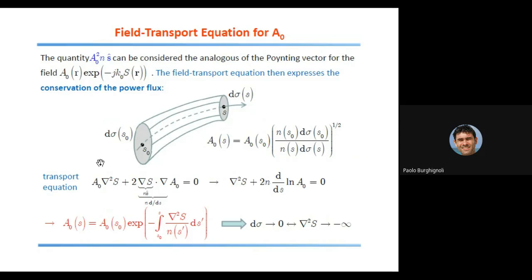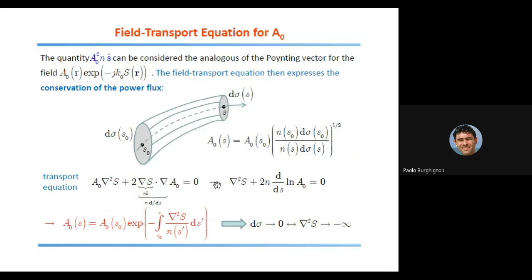Okay. Now we will write the transport equation again in a still different manner. Again, the gradient of the Iconal is equal to n times s hat, and in this way you will see that this second addend can be written as the product of the refractive index times the derivative with respect to s of a0. If you divide the transport equation by a0, the first addend remains with the Laplacian alone, and the second addend now contains 1/a0 times the derivative of a0, so the derivative of the logarithm of a0 with respect to s, and then there is the coefficient twice the refractive index.